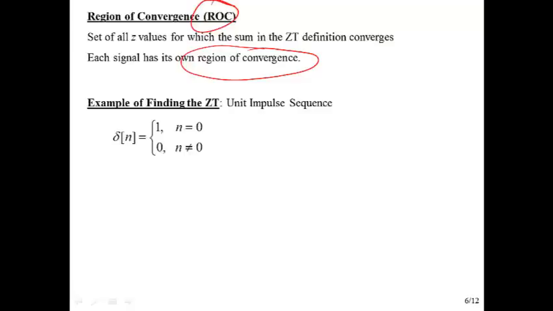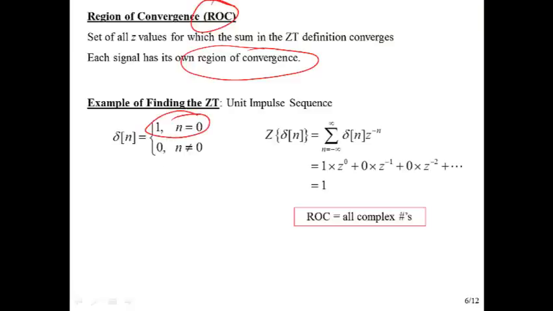So let's take our unit impulse sequence, or our delta sequence. It's equal to 1 at n equal to 0, and it's 0 everywhere else, and we're going to find its Z transform, double-sided Z transform, even though this is a causal signal. So we sum from minus infinity to infinity, delta of n times z to the minus n, but really only one term is non-zero. All the rest are 0.